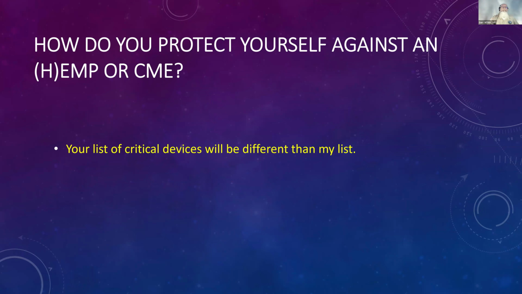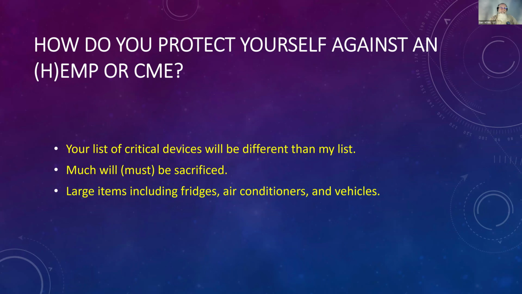So you need to list your critical items. My list is going to be different from your list, but you need to make the list and decide what you want to do. Much of what you have may be sacrificed, including air conditioners, vehicles, fridges. And like I said, we're dealing with a lot of unknowns. Even today, the military has done a number of EMP tests. I know MIT has done a number of tests.